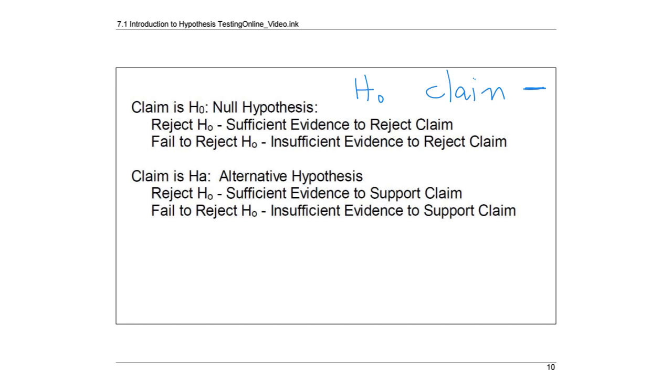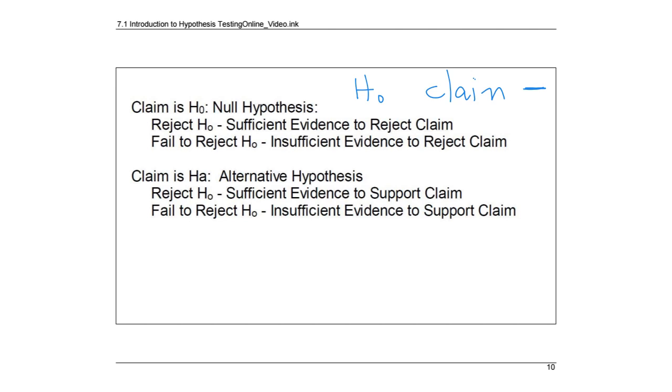If we fail to reject the null hypothesis, then we have insufficient evidence to reject the claim. We're going to use this resource sheet to help us in the next few sections when we figure out where the claim is.